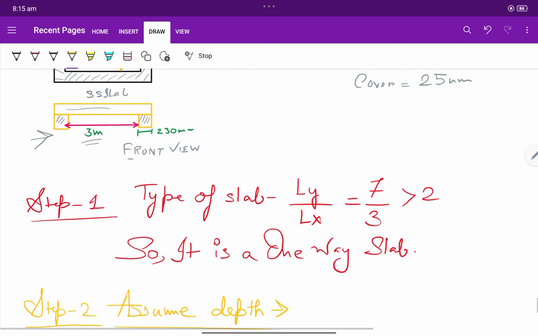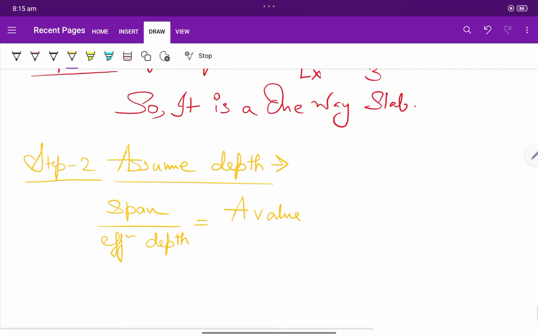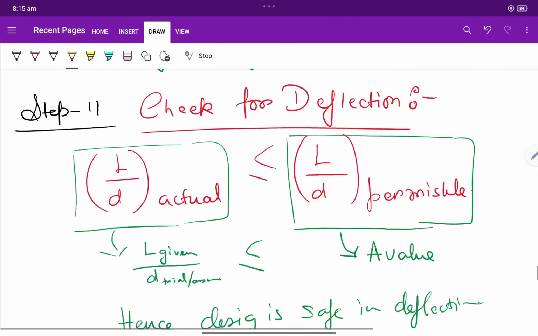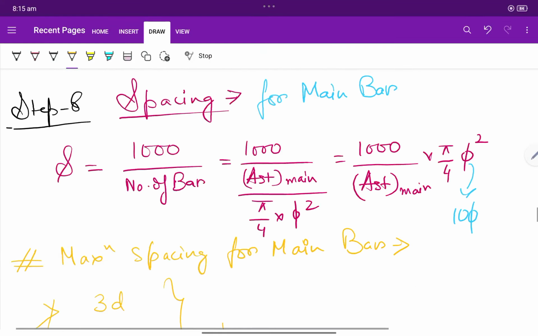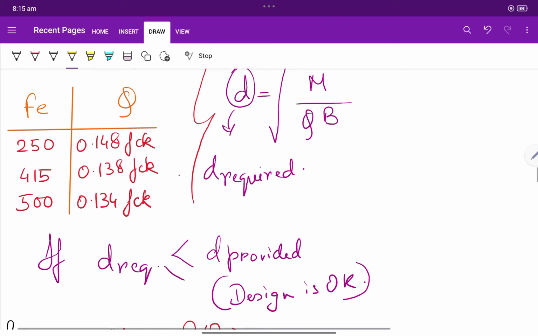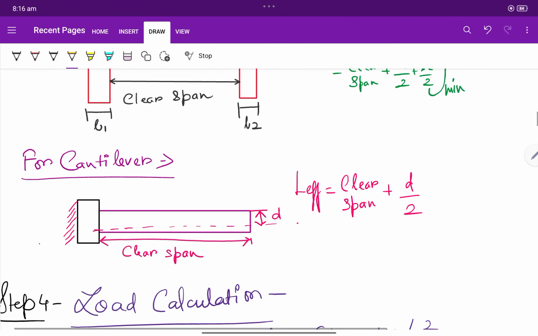Span is 3 meter, so if we write it in mm it will be 3000 divided by small d. The value for a simply supported beam is 20 up to a span of 10 meter. Here it is 3 meter only, the shorter span.